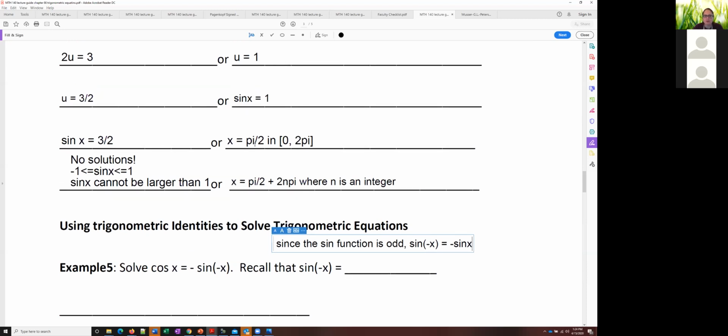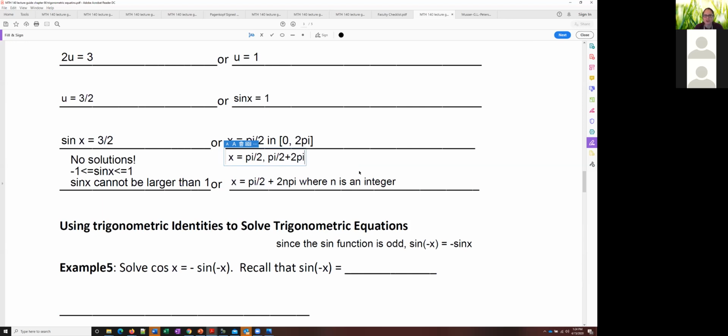Anytime we have a solution between 0 and 2 pi, we can go ahead and add 2n pi onto that. So since we know that pi over 2 works, we can do pi over 2 plus 2 pi and go all the way around the unit circle.